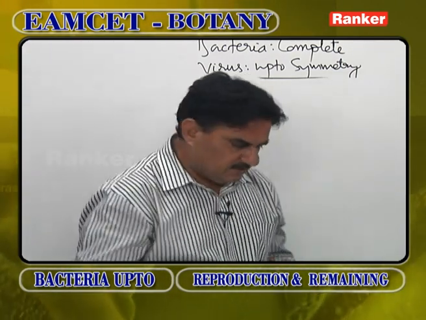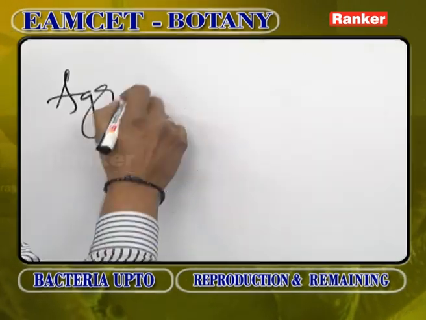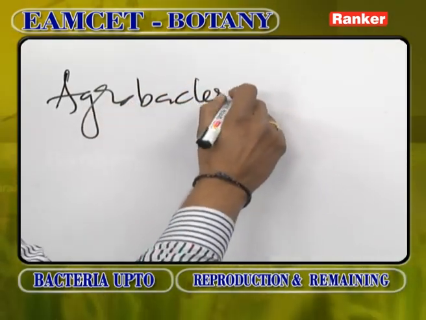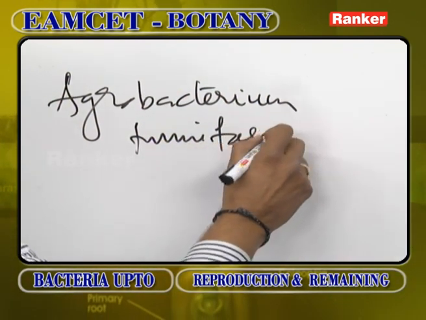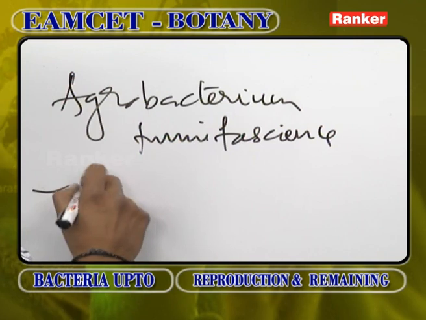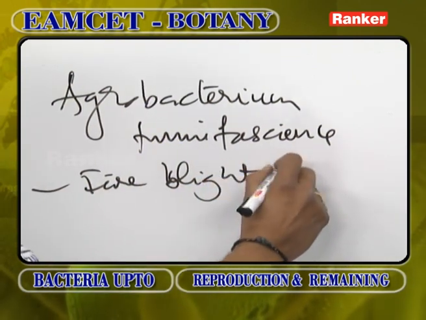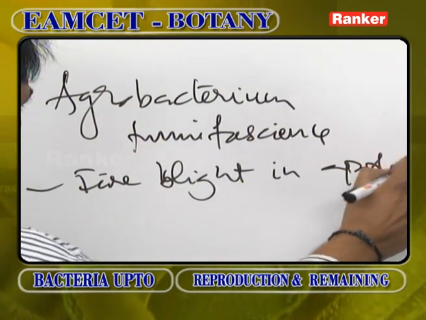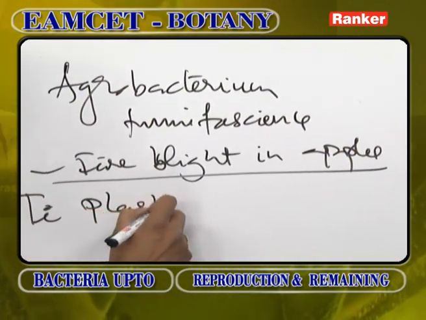Agrobacterium tumefaciens, the statement that it causes fire blight in apples, and its special feature is that it has the Ti plasmid. What is Ti plasmid?